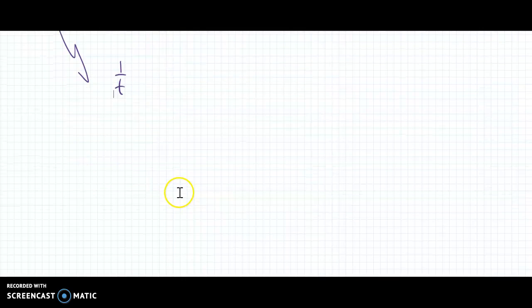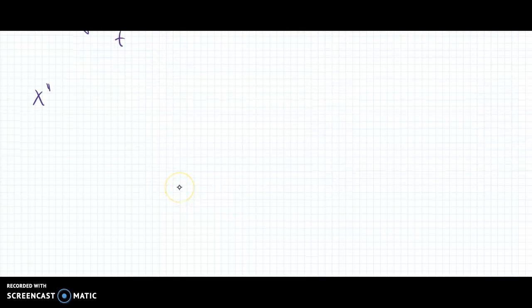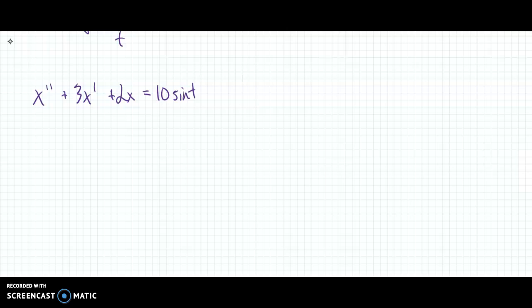So keeping that in mind, we are going to do one more. Let's take x double prime plus 3x prime plus 2x equals 10 sine t. The first thing you have to do is find the xc.